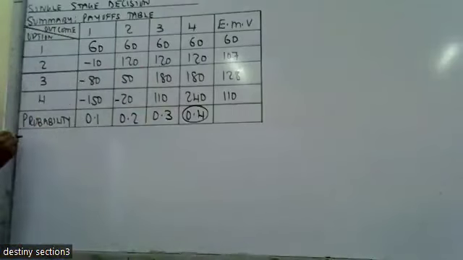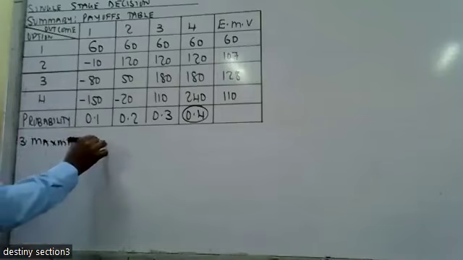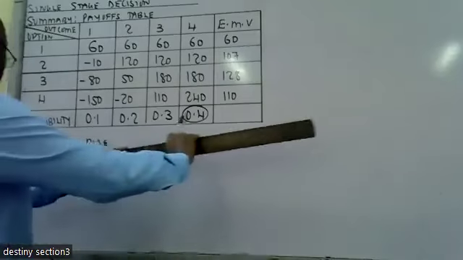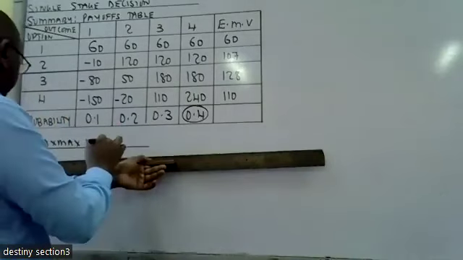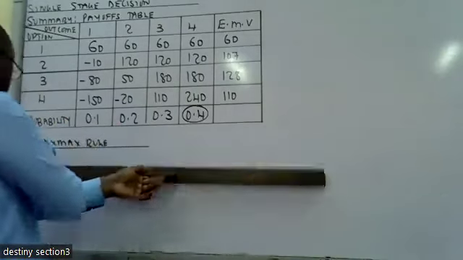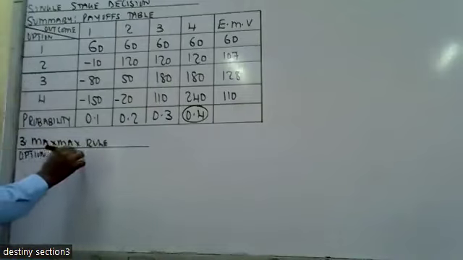That is rule number 3, which is called max rule. And max rule, we have the option here, and then maximum payoff.